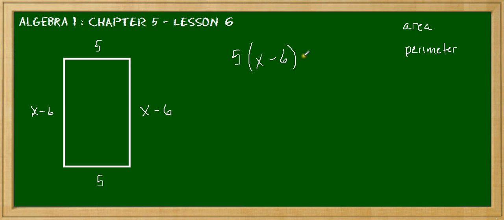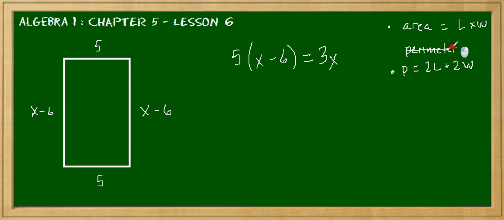But now we're told that this is equal to 3x, right? Oh, and I just wanted to note here that area is length times width. And perimeter, I'll just write down here, perimeter is 2 times the length, 2L, plus 2 times the width, 2W. So area, this is one and this is the other.